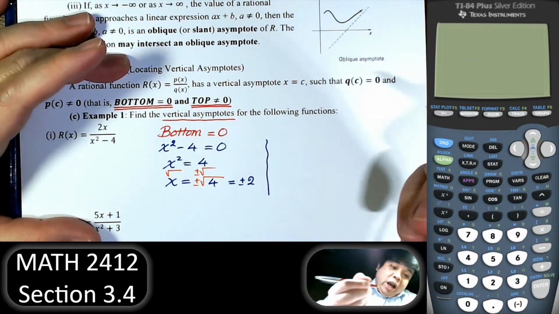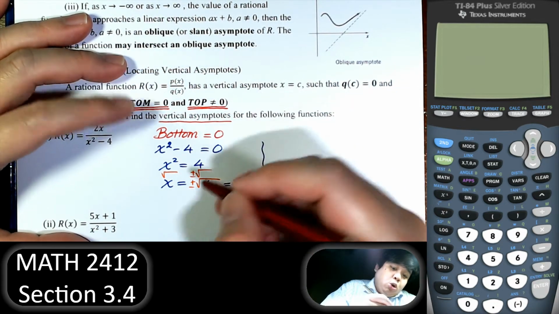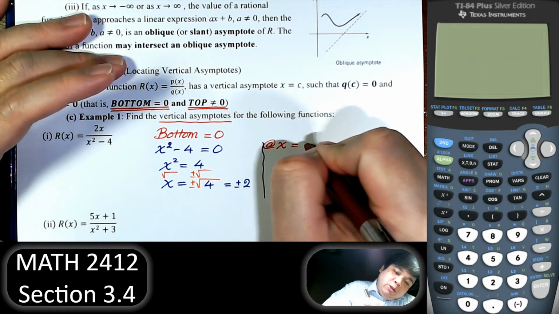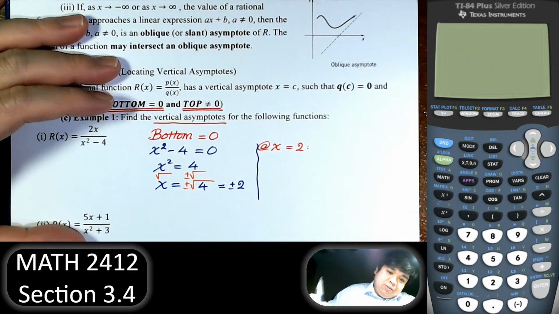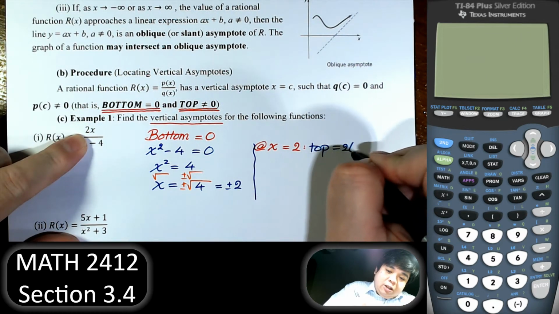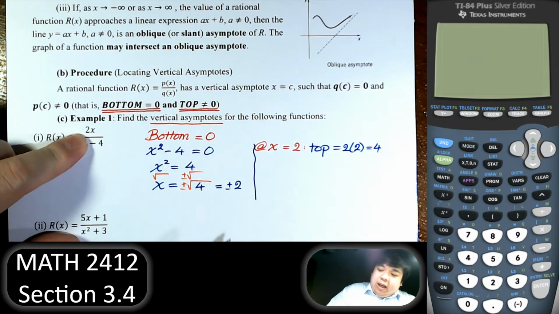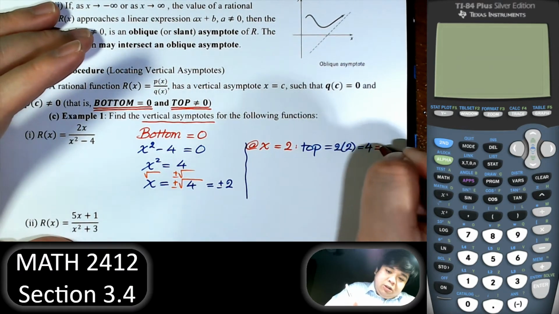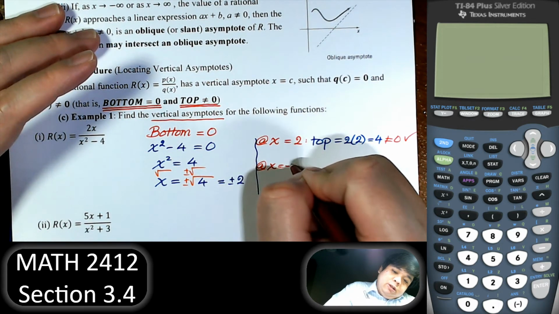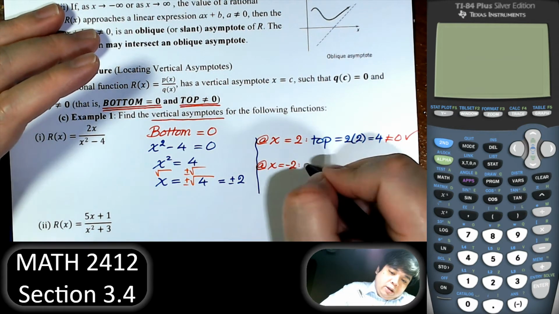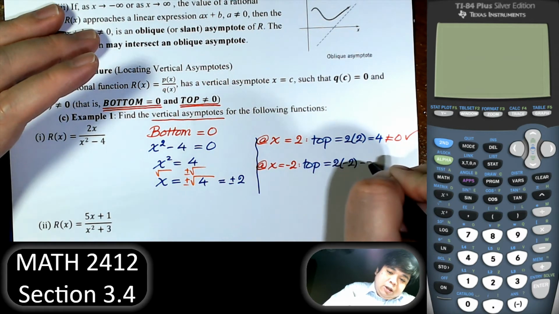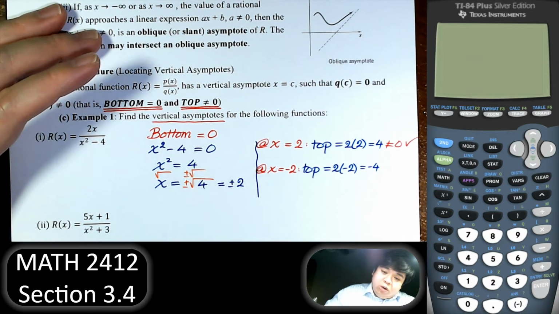Now, we do need to check to make sure that the top is not equal to 0. So we have 2 and negative 2. All we need to do is check when x equals 2, what is the top? We put 2 in for x, and that is not equal to 0, which is good. Now, at x equal to negative 2, the top equals negative 4, which is also not equal to 0.